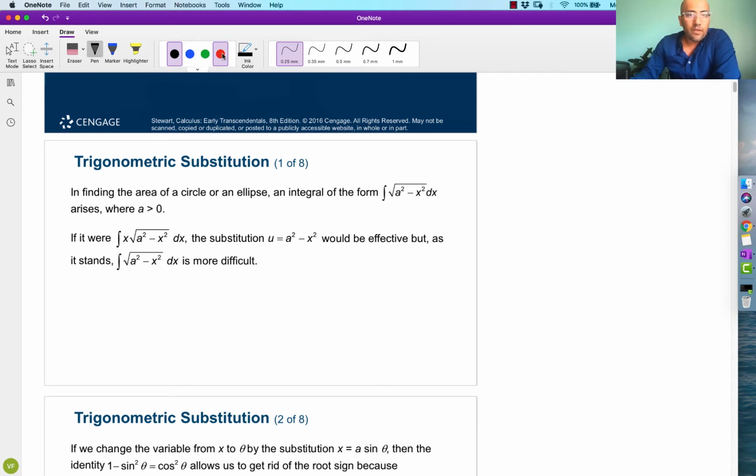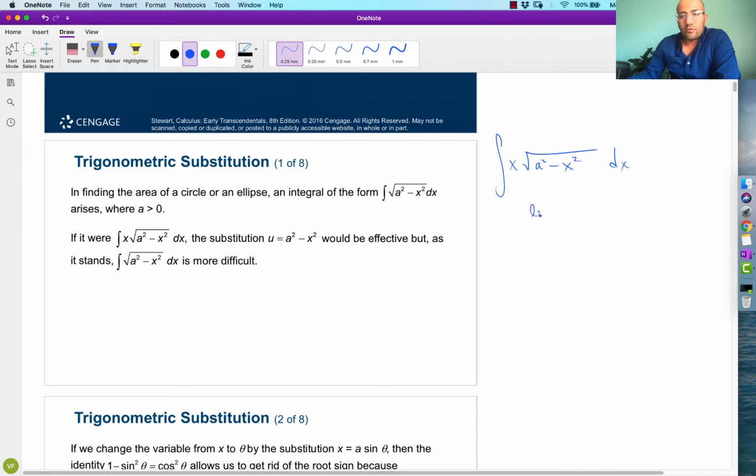So let me expand on that over here. If we had the integral of x square root of a squared minus x squared dx, even though it looks more complicated, this x really saves us, because if we do a u substitution where we let u equal a squared minus x squared, then when we take the derivative with respect to x on both sides, then I end up with du dx equals minus 2x to the power of 1.